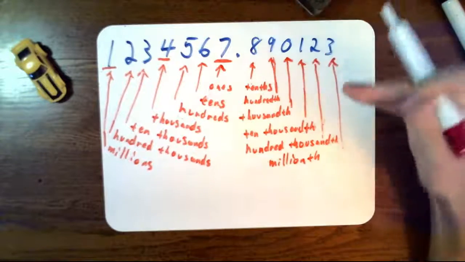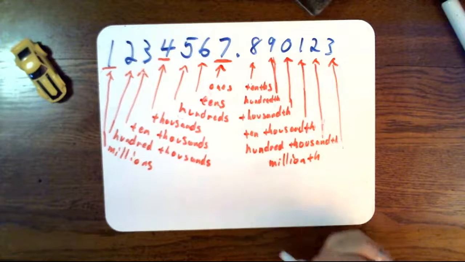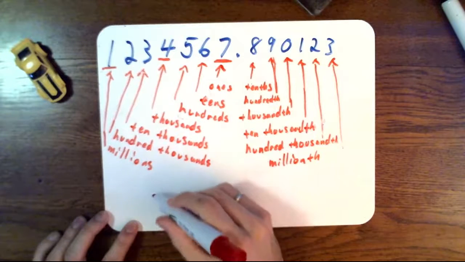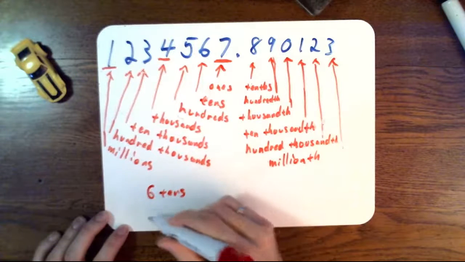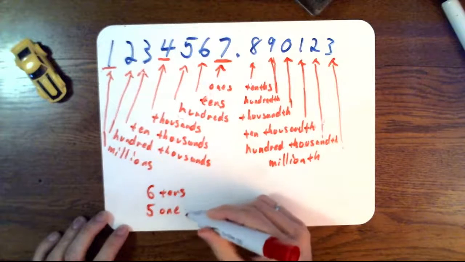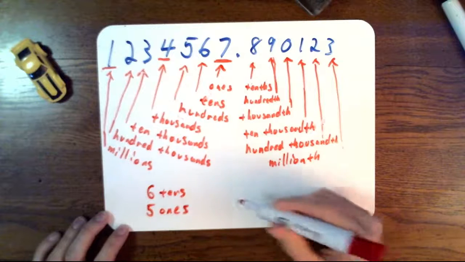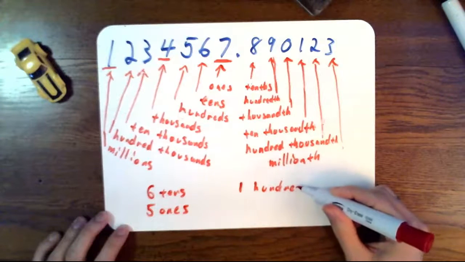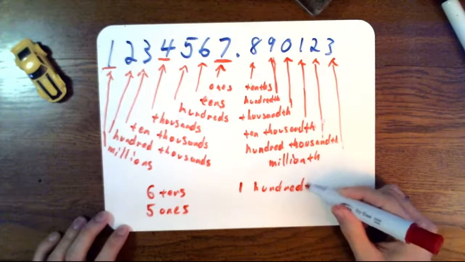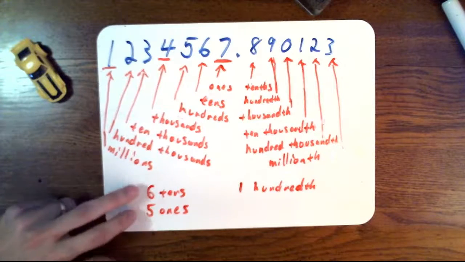So that's just the name of where they are, because if somebody tells you, I have 6 tens, I have 5 ones, and then I have 1 hundredth. So how can we write this out?